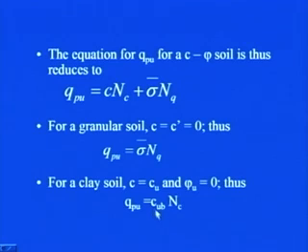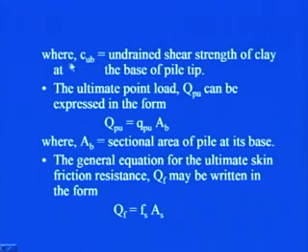So, this will be cub into Nc, where b stands for base, that is at the base of the pile, at the tip of the pile. Nc is bearing capacity factor, and cub is undrained shear strength of clay at the base of pile tip.